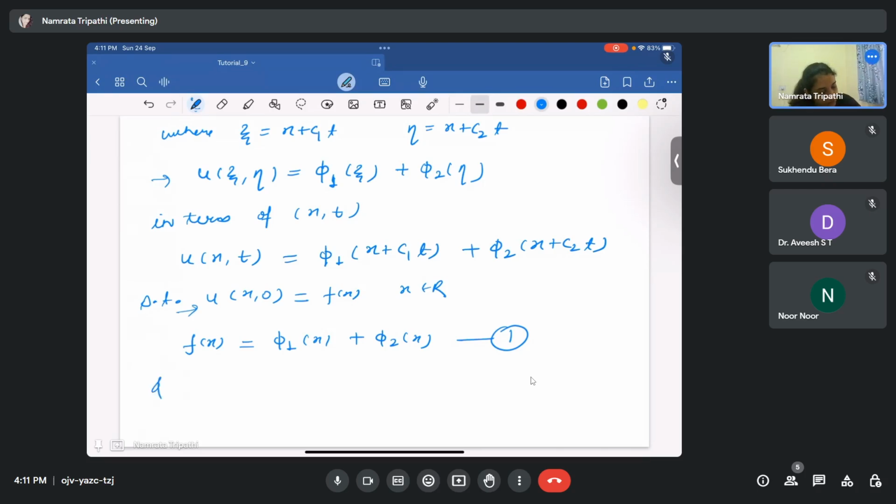And now the second condition is, you have to differentiate this expression. Let's say this is equation 1, this is 2. You have to differentiate equation 1 with respect to t, and then you can apply the condition. Differentiate equation number 1 with respect to t and tell me the answer.